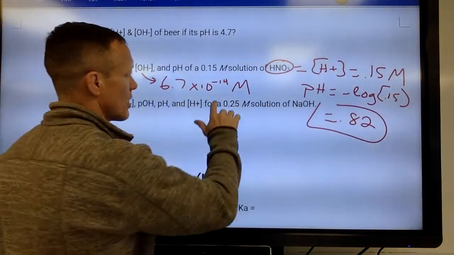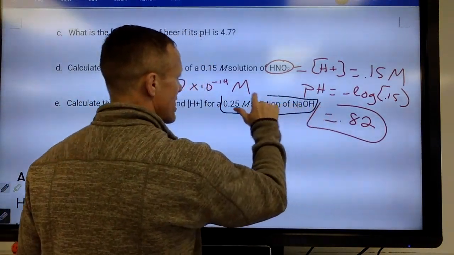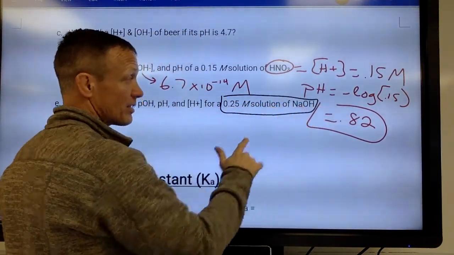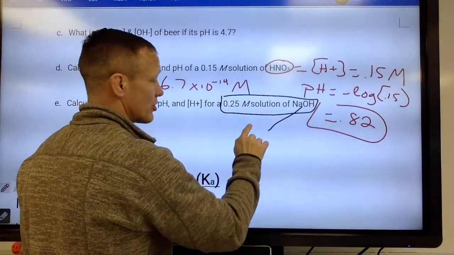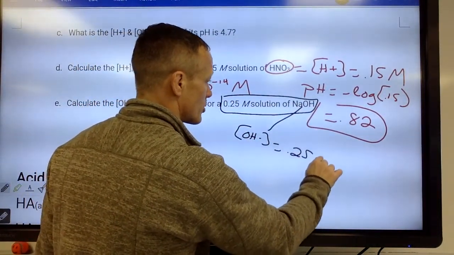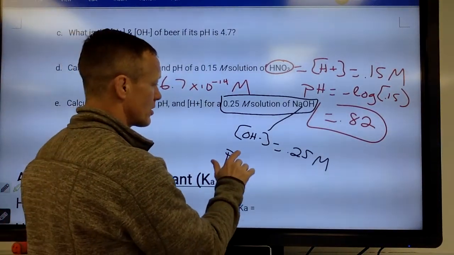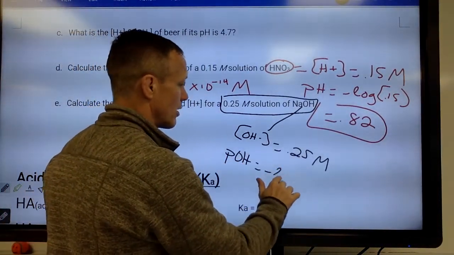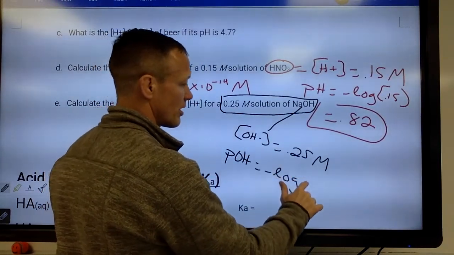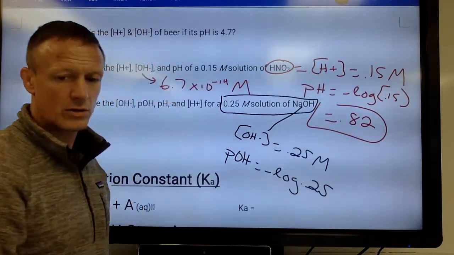Last one here, you have a strong base, which completely dissociates. So that means the concentration of OH negative is 0.25 molar. So if I want to get pOH, I would do negative log of the concentration of OH negative, negative log of 0.25.